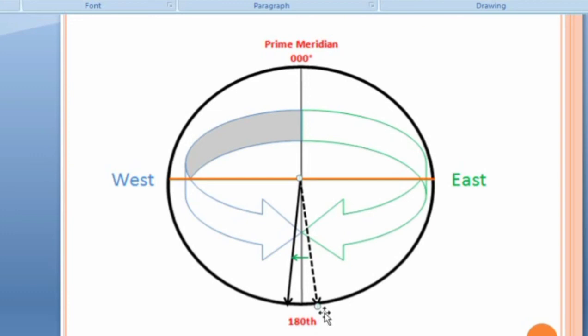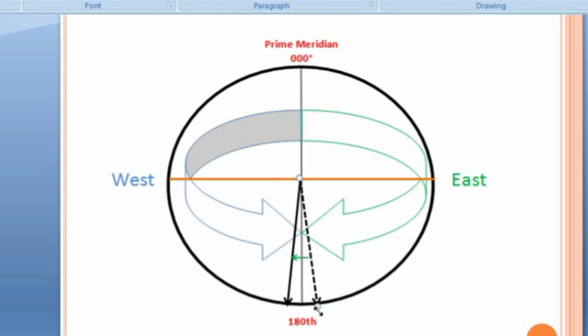We add the value of the difference of longitude and the given longitude of arrival, and the result would also be subtracted from 360 degrees in order for us to determine the exact value of the longitude of origin through this broken line arrow here.